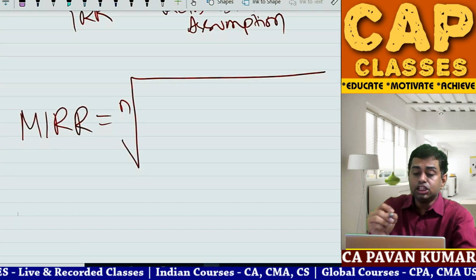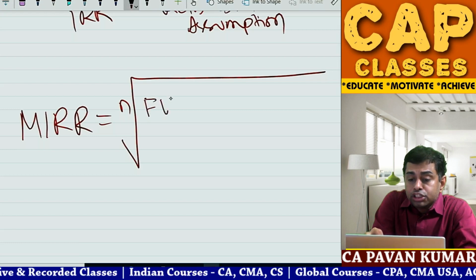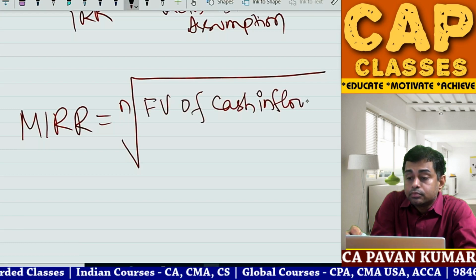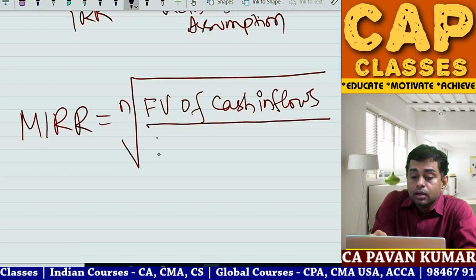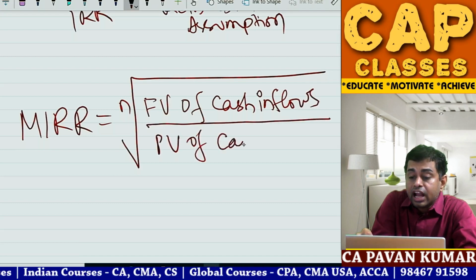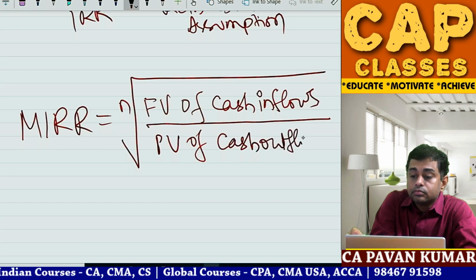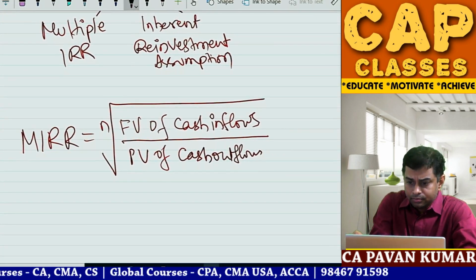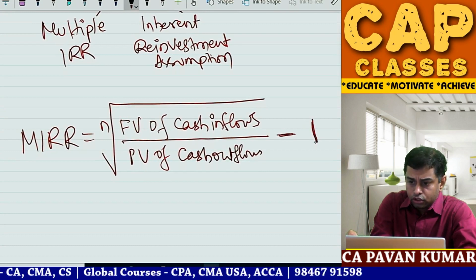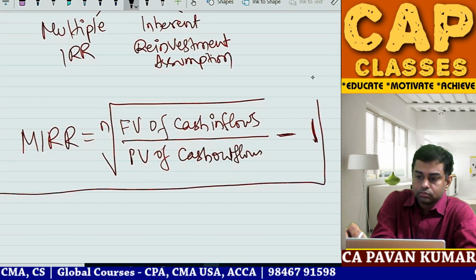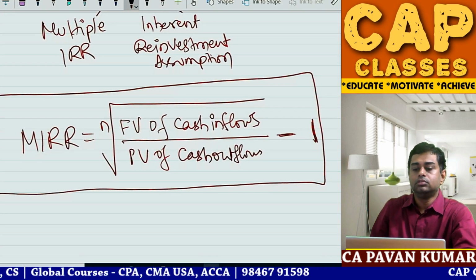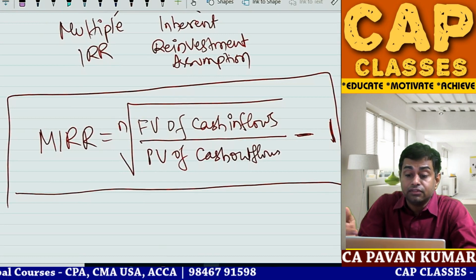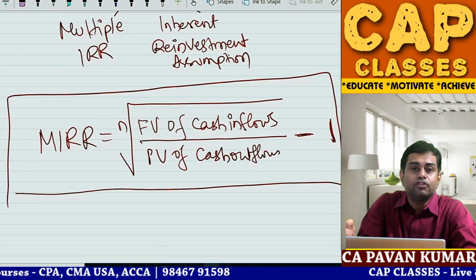So nth square root of future value of cash inflows by present value of cash outflows minus 1. So write down this formula. MIRR is equal to nth square root of future value of cash inflows divided by present value of cash outflows minus 1.